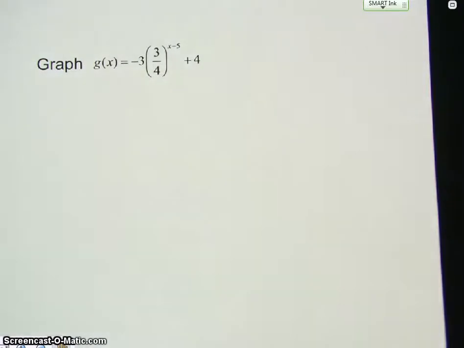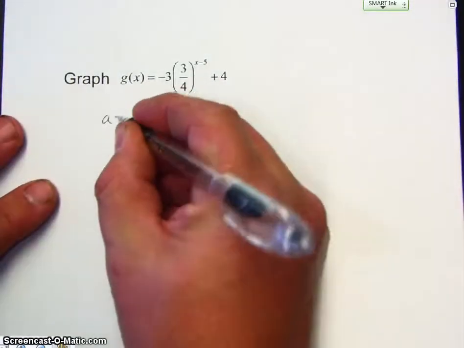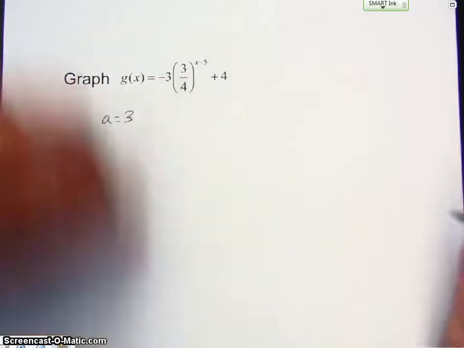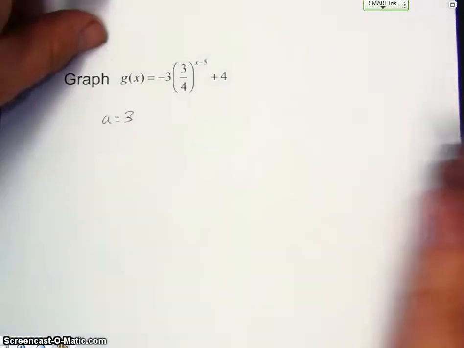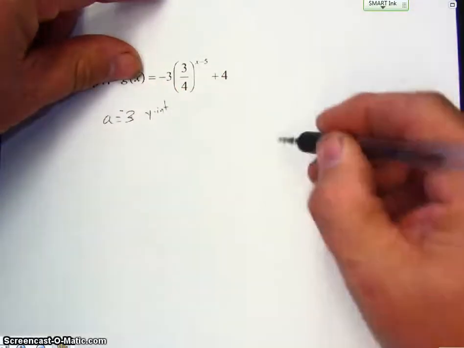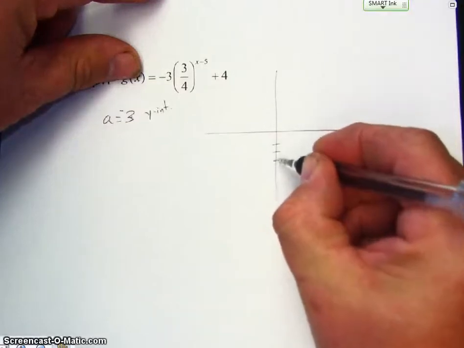All right. A is negative, oops, excuse me, don't worry about the negative. A is 3, or -3, excuse me, that's my y-intercept. So let's sketch that: 1, 2, 3.